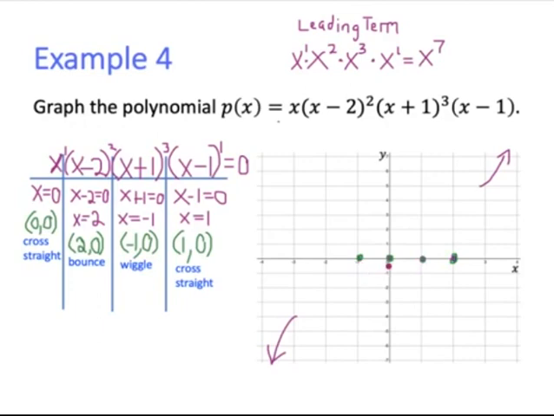In the interval from -1 to 0, a nice center point is just -0.5. And you can use your calculator to do this, but you want to find p of -0.5. And that is approximately 0.6.